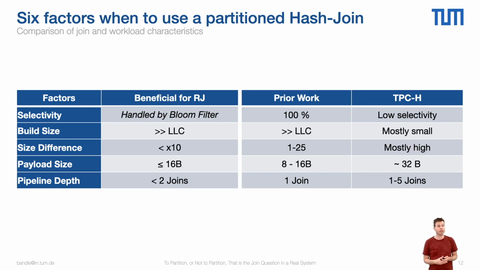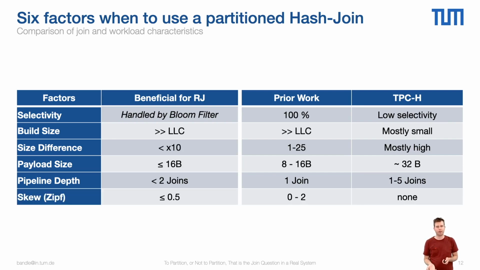Another factor we didn't look into right now, but has also been considered, is skew. Skew is beneficial for the non-partition join, because in a non-partition join with more skew, you access some tuples more often, leading to beneficial effects when caching tuples.